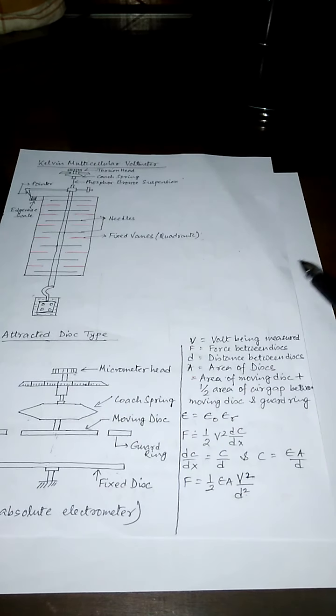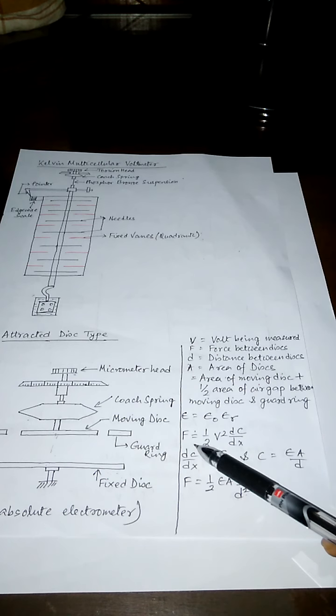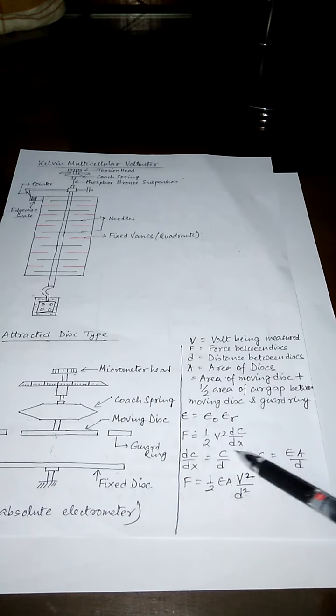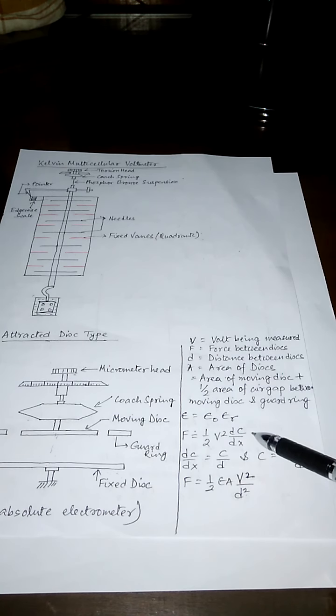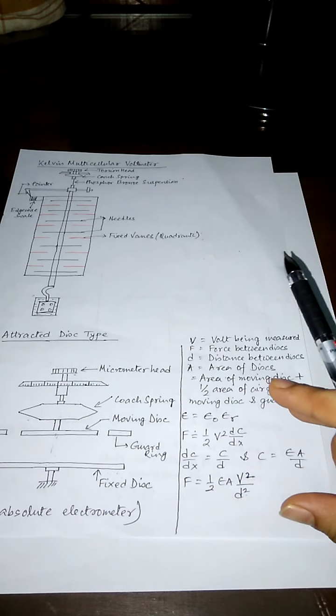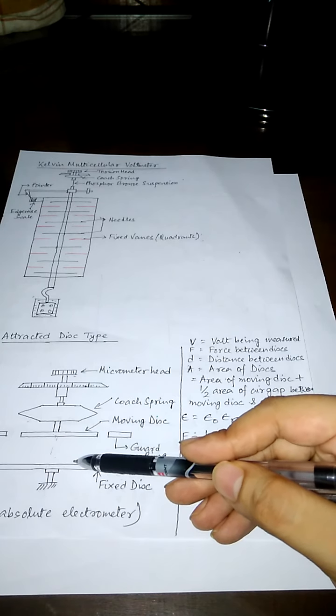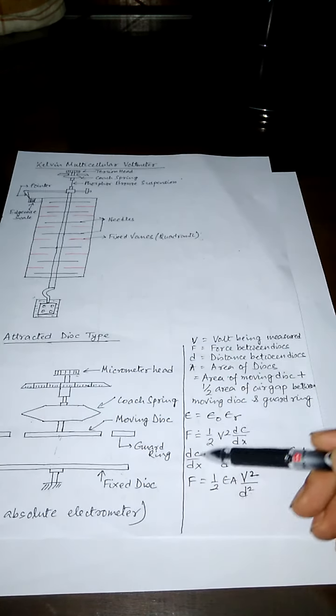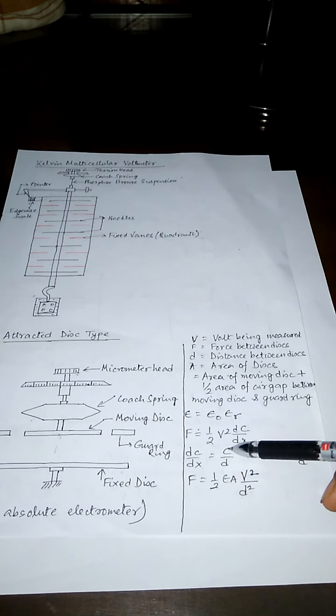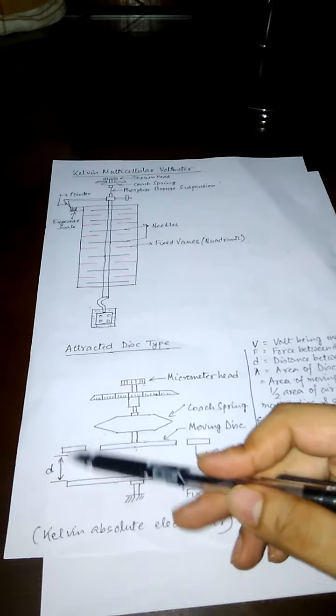Now the mathematical part. We know the force of attraction equation we derived last day: F equals half V squared dC/dx, where C is the capacitance between the plates and x is the displacement. For closely spaced plates, we can consider dC/dx equal to C by d, where d is the distance between the plates.